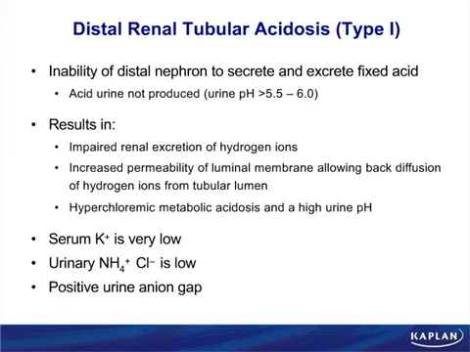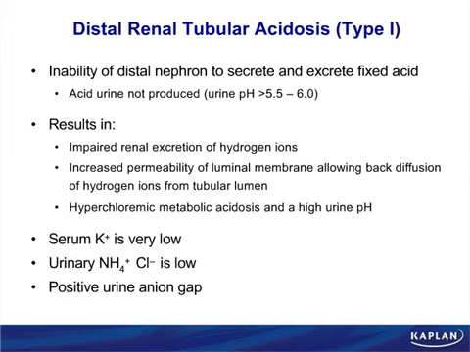These patients will have a hyperchloremic metabolic acidosis. Your serum potassium will be low. Now, these patients will have a positive urine anion gap. If you cannot get acid in the urine, you will have low urine ammonium levels. Remember, most of your acid is excreted in the form of ammonium.